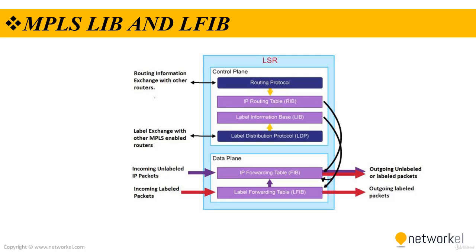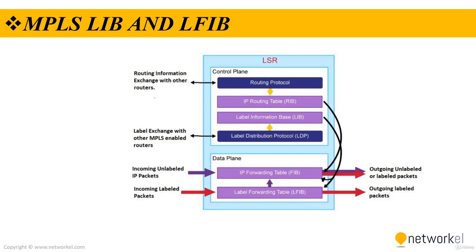If the FIB indicates that the outgoing interface is not an MPLS-enabled interface, the packet is forwarded unlabeled, guys. If the FIB indicates that the outgoing interface is an MPLS-enabled interface, a label is added to the packet and the labeled packet is forwarded, labeled, out the MPLS interface.